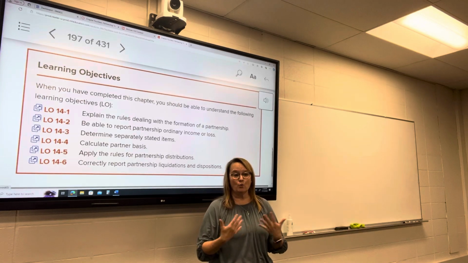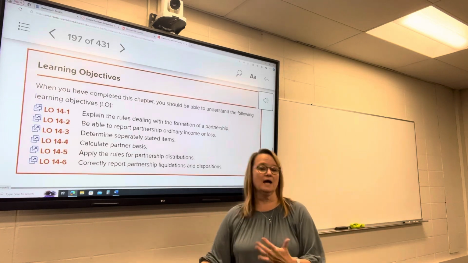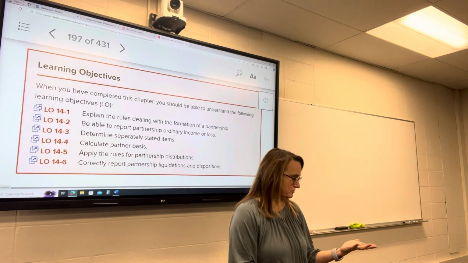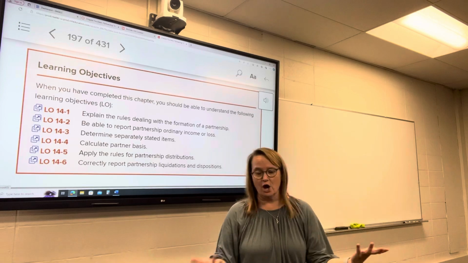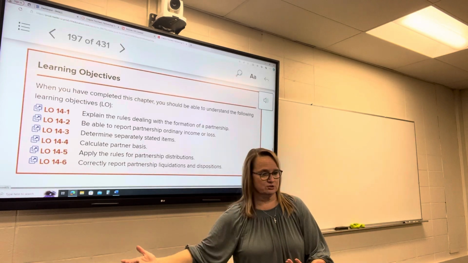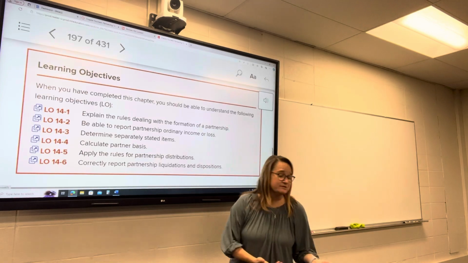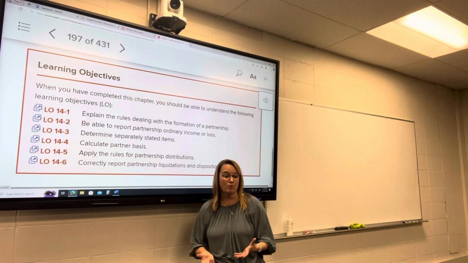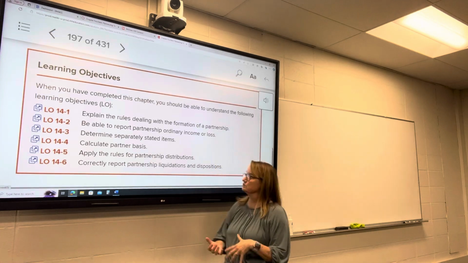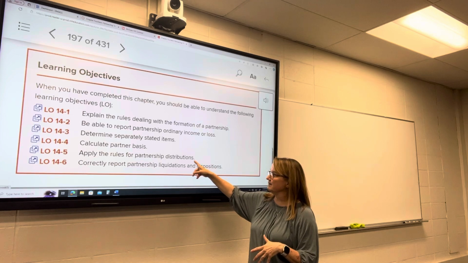Also, when partnerships experience losses along the way, not through the sale of the share of the partnership, but just a loss in a particular year because they brought in less money than they actually spent, the partner's basis will determine how that loss is going to be accounted for on the partner's tax return. Distributions we'll talk about as well.